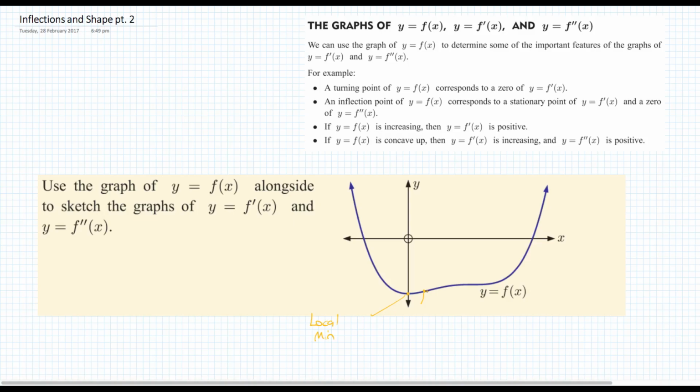If it's a stationary point, the tangent is going to be horizontal. So much like at this point here, the tangent is horizontal at our local minimum. Is the tangent to this function here horizontal? No, it's not. So what we've got here is a non-stationary inflection point.